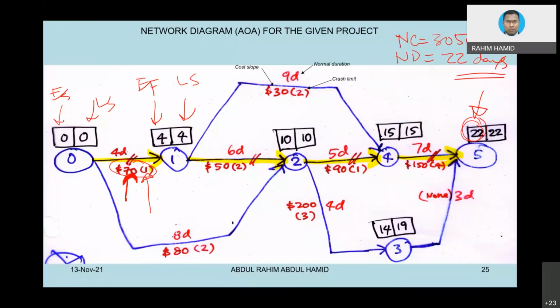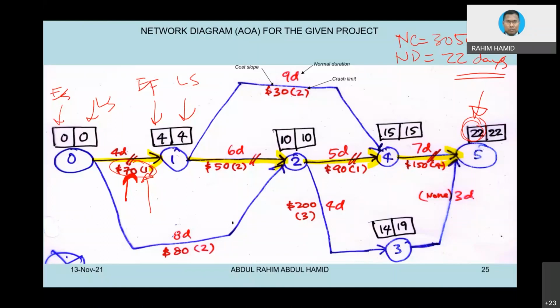All right. So based on our step-by-step, we have to look at the activities on the critical path. As simple as that. There is no other choice. Even though some of the activities might be cheaper, for example activity number 14, 30 ringgit only, we would like to choose that. But if you do the calculation, it will not impact the project duration reduction.